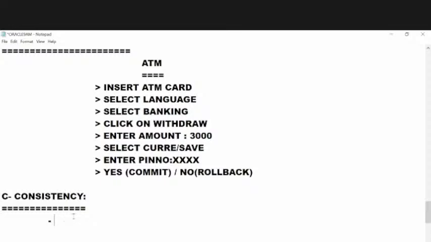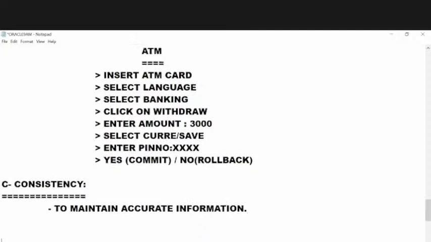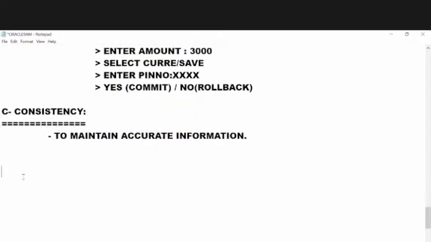How is it? To maintain accurate data or information. For example, observe carefully.